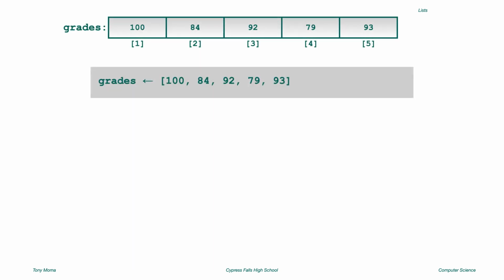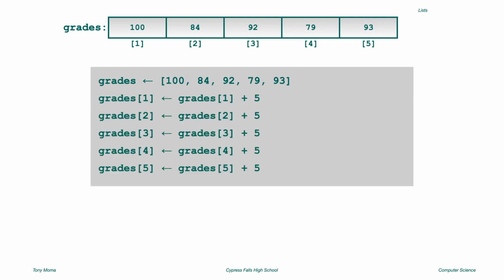Now, consider this list of numbers. Here we have a list of numbers called grades, and our goal is to curve each grade by 5, or in other words, increase each value in the list by 5. One way to do that would be to curve each value in the list one by one. But of course, like we discussed earlier, this is a tedious approach, and it would become even more tedious the larger the list becomes.